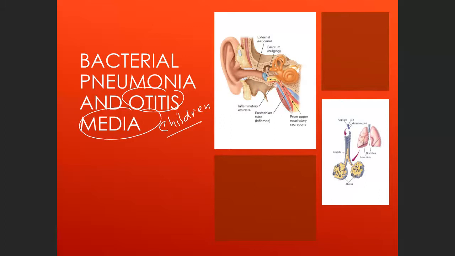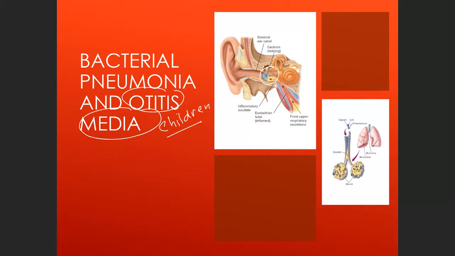Okay, so because these bacteria are able to climb into the middle ear, over here, causing otitis media. And just remember, a children's ear is actually in a straight line with their mouth.